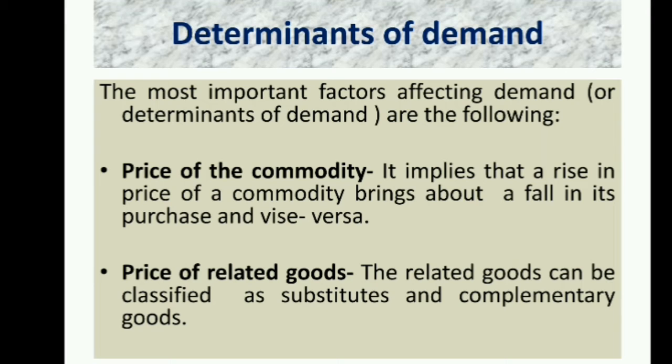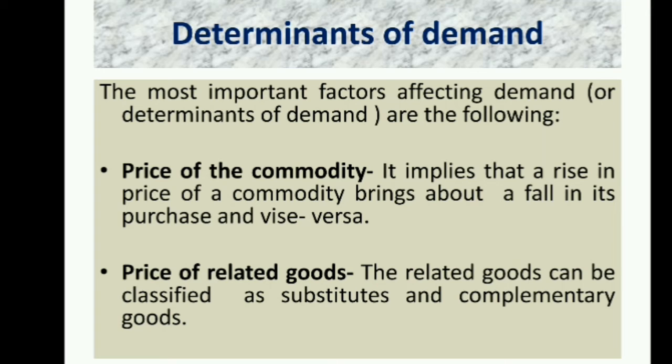It implies that a rise in price of a commodity brings about a fall in its purchase. This happens because of income and substitution effects. Price is the major important determinant which has a direct impact on the demand of a commodity.